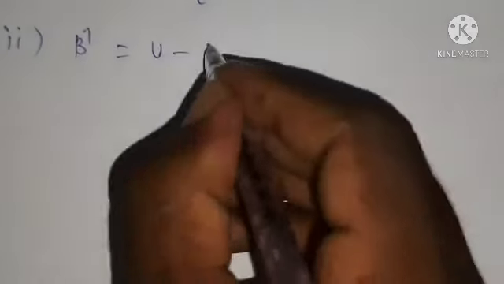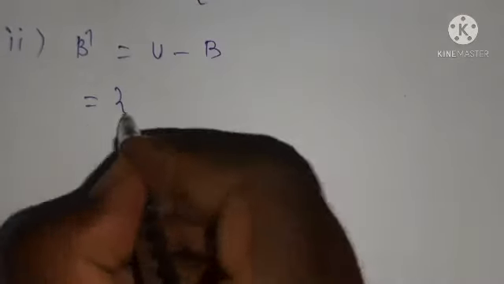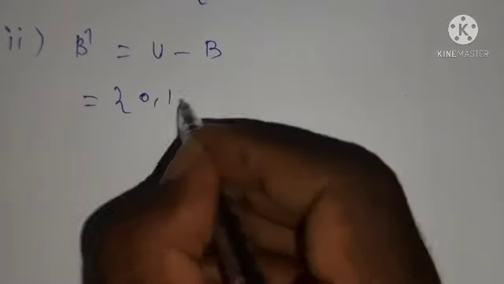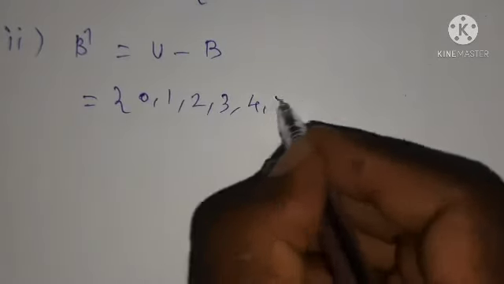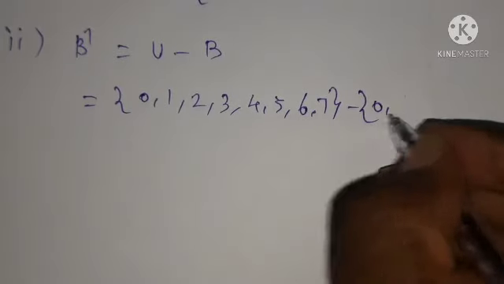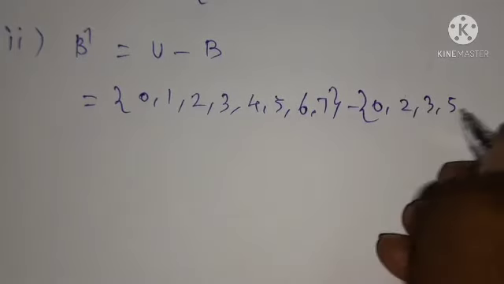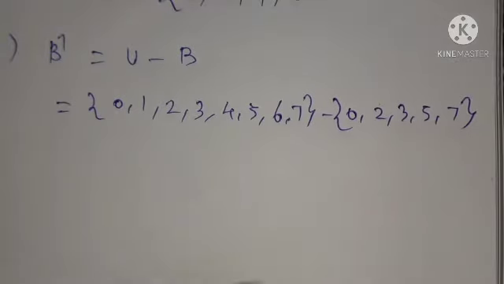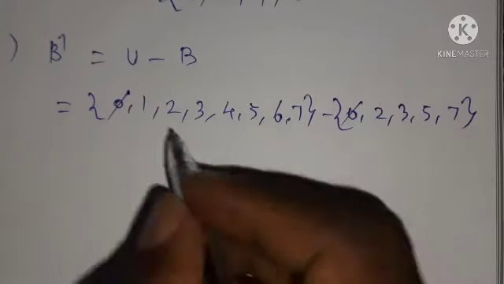Second one, B dash. B dash equal to universal set minus B. Write the elements of universal set 0, 1, 2, 3, 4, 5, 6, 7 minus set B 0, 2, 3, 5, 7. So strike out the common elements. 0 is common to both the sets.